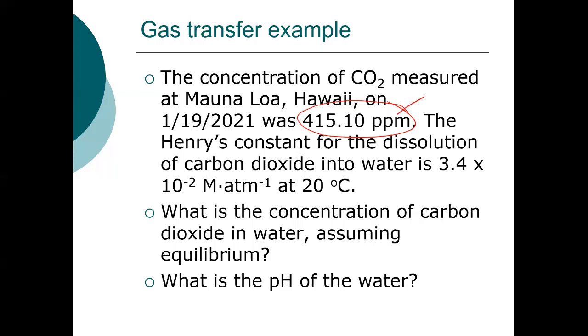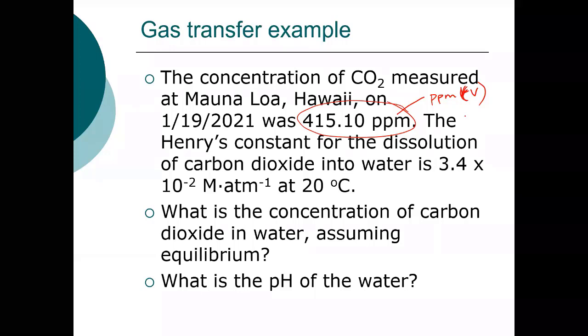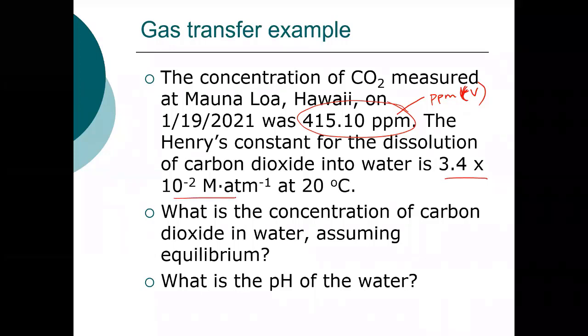This here is parts per million on a volume basis. Typically, that's what we will use in atmospheric processes and air pollution. The Henry's constant for the dissolution of carbon dioxide into water is 3.4 times 10 to the minus 2 moles per liter per atmosphere at 20 degrees. And you're asked, what is the concentration of carbon dioxide in the water, assuming we're at equilibrium?